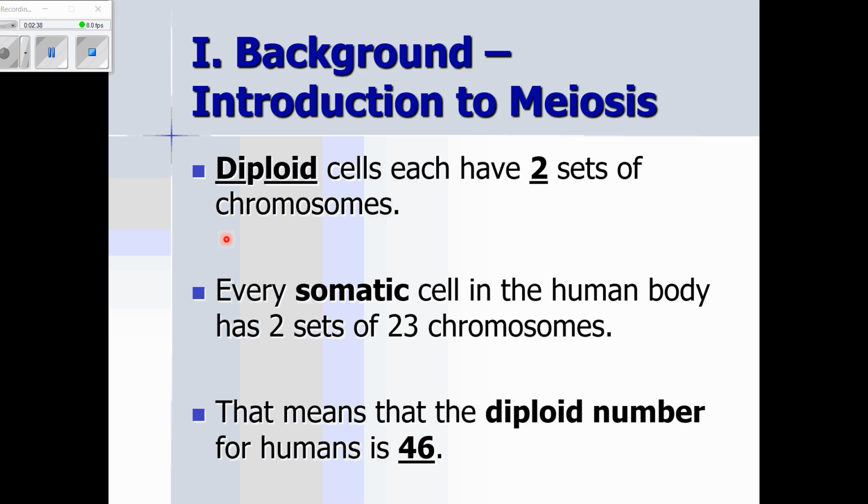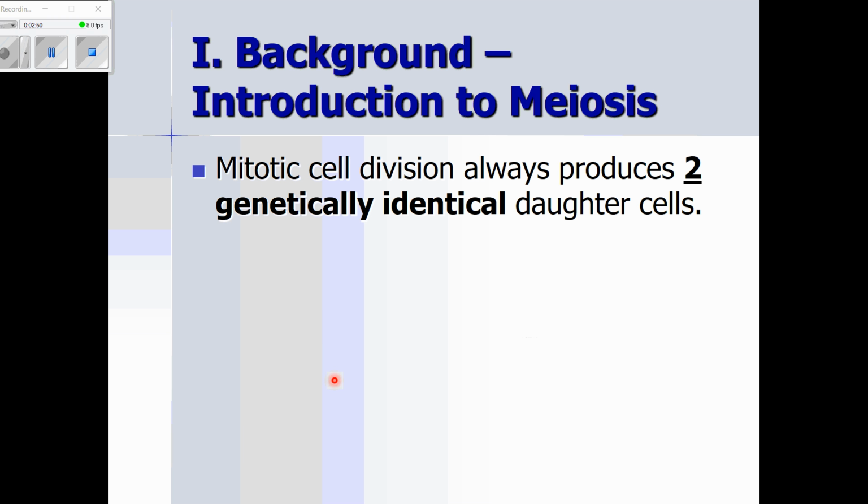And that means turkey sperm has 40 chromosomes and turkey eggs have 40 chromosomes, and therefore all turkey somatic cells have 80 chromosomes.